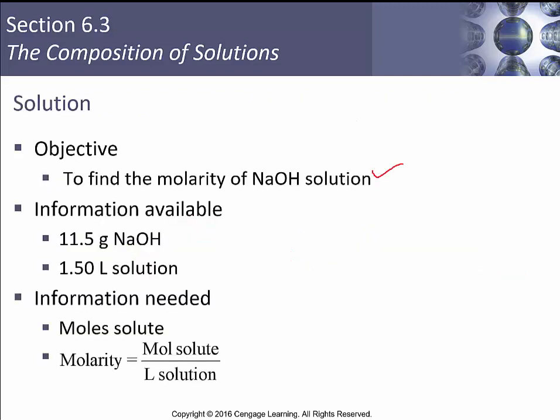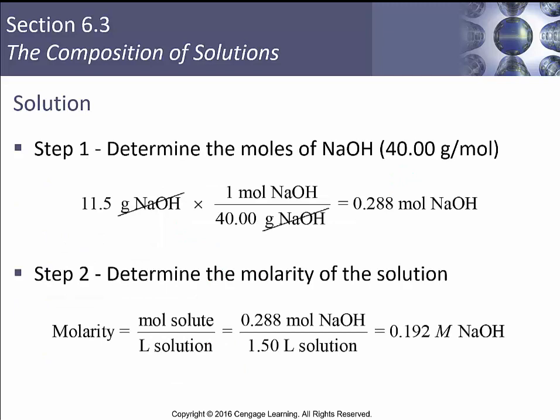Our objective: find the number of moles of sodium hydroxide. We've been told we've got 11.5 grams of sodium hydroxide and 1.5 liters of solution. What we need is moles of solute to calculate the molarity in terms of moles of solute per liter of solution. So the first thing we do is convert the 11.5 grams of sodium hydroxide. When we divide by the molar mass, 1 mole of sodium hydroxide per 40 grams of sodium hydroxide, it gives us 0.288 moles of sodium hydroxide.